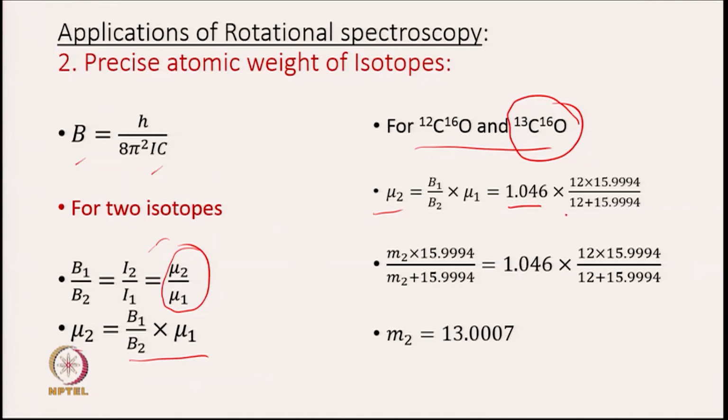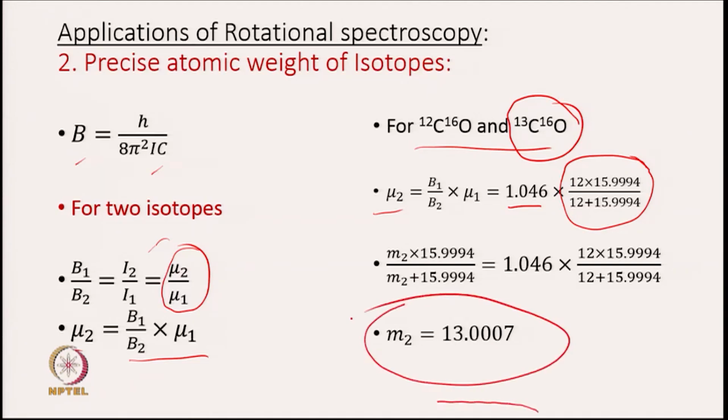So this is 1.046, and then this is your mu of 12C 16O, the reduced mass of 12C 16O. If you put this in the equation, you can get the accurate mass of 13C, and that is 13.0007.